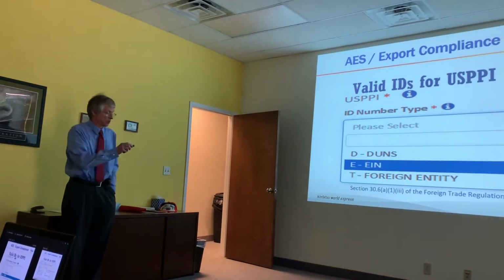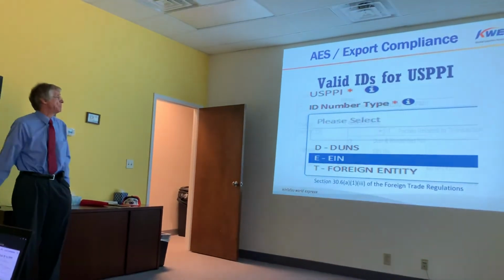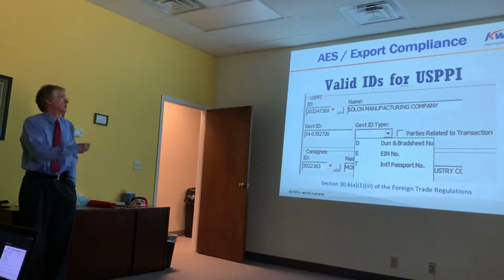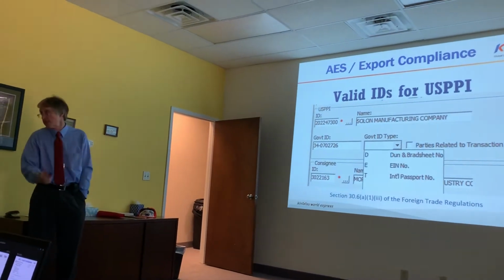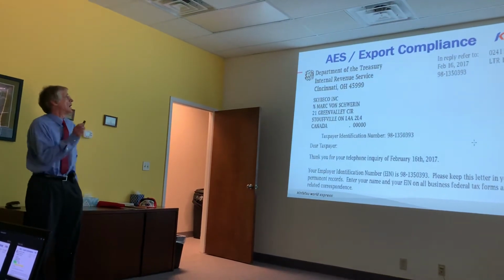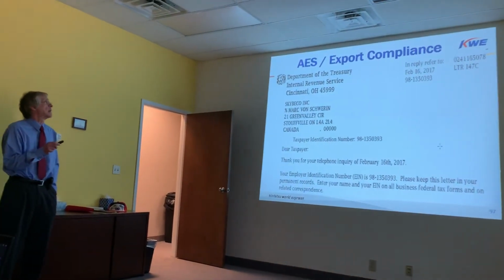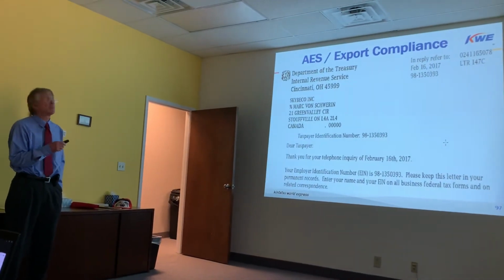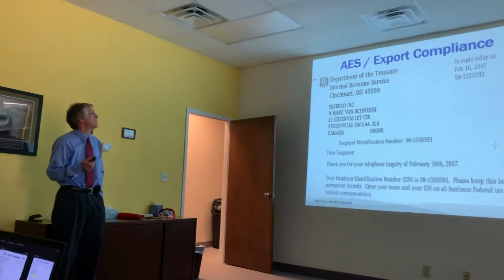You'll see there, those are the only 3 valid types of ID for USPPI. It's the same in UFS as it is in AES Direct. Now, this was a copy of a letter that we got from one of our customers in Atlanta. I think it was like 2-3 years ago.